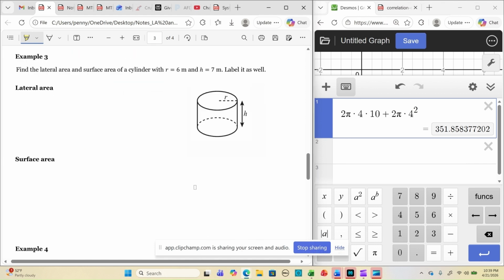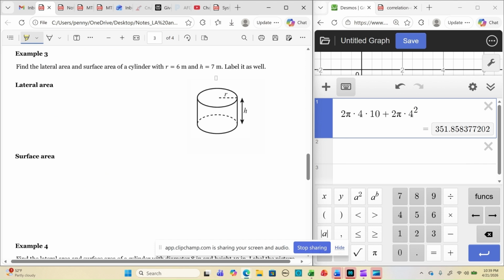Example 3. Find the lateral area and surface area of a cylinder that has a radius of 6 meters and a height of 7 meters. So I'm going to fill that in my diagram. The radius is 6 meters. Height is 7 meters. So for my lateral area, I have 2 pi RH.